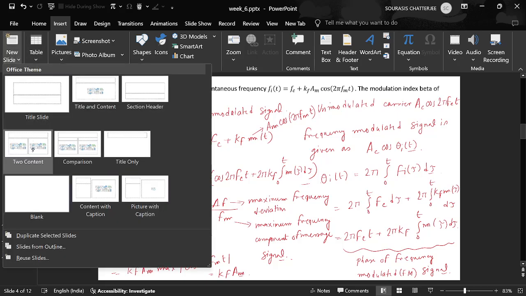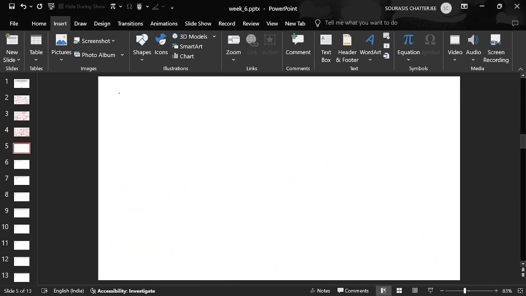And let me introduce a slide here. So therefore your modulation index beta, which is the ratio between the maximum frequency deviation del f and the maximum frequency component of the message signal.